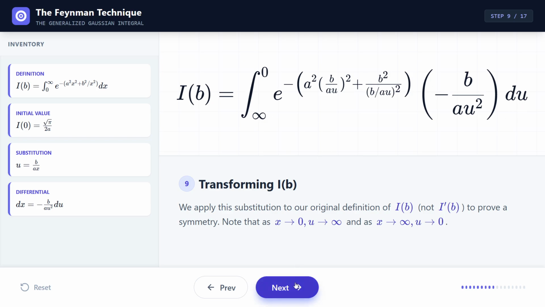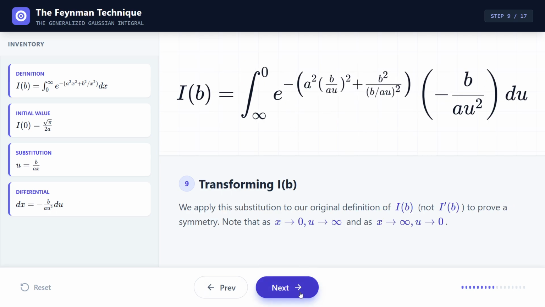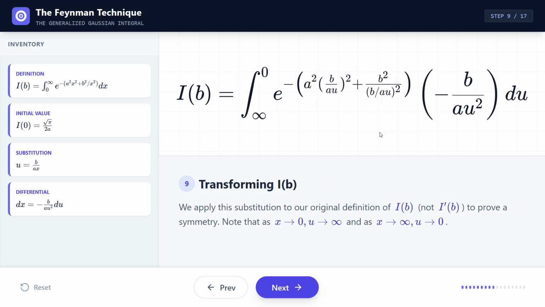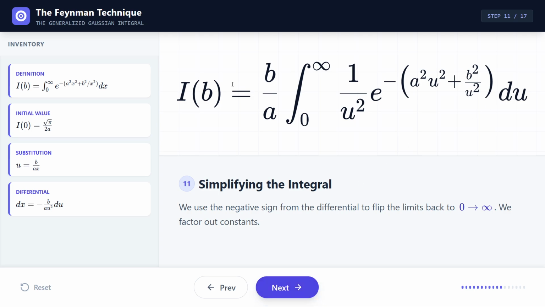And let's do some simplification first. We'll notice that this a squared, all this junk right here, just simplifies to this. So now our original I of b can be expressed like this.